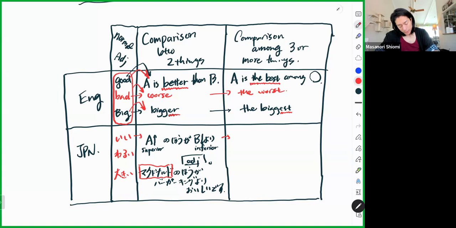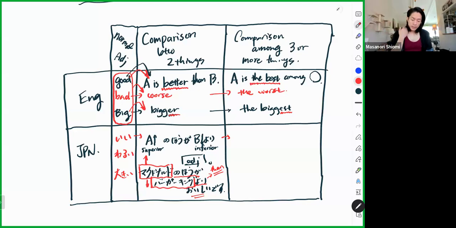By putting the noun with の方が, this means you're thinking McDonald's is better. And then by putting より, whatever noun that you connect with より is inferior. So in that sense, より is translated as than. Something is more delicious than B. Okay? And then 美味しいです.